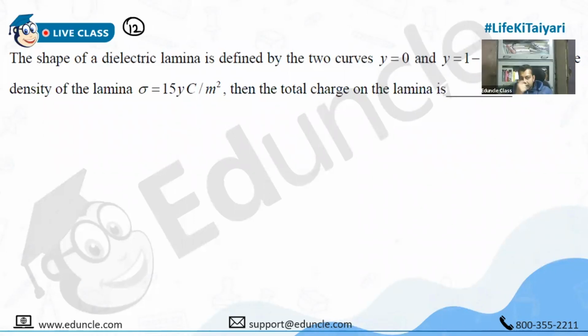Charge density is given and the shape is given. You have to find the total charge on the lamina.